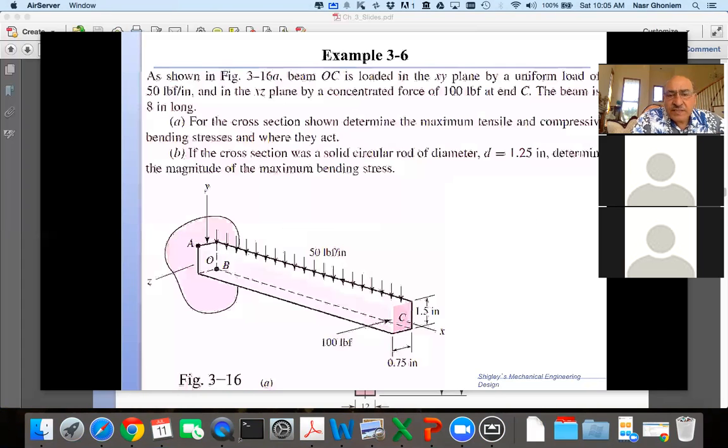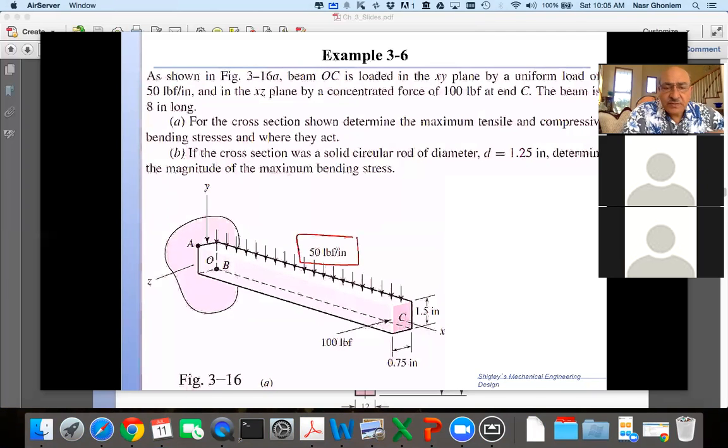I have this quick example that shows a beam, and the beam has two types of loading. One is vertical and uniform, in the negative y direction. So we have minus 50 pound-force per inch. It's per inch, which means that it's a force density, not really a total force.